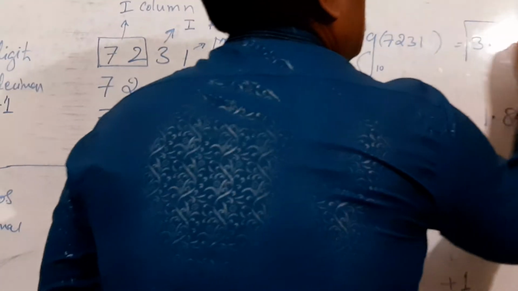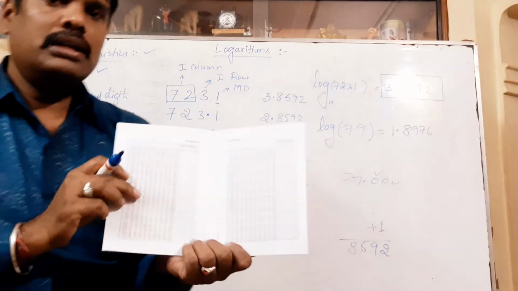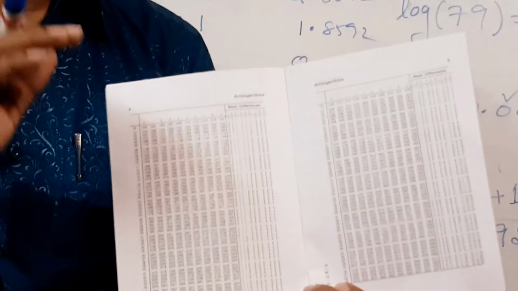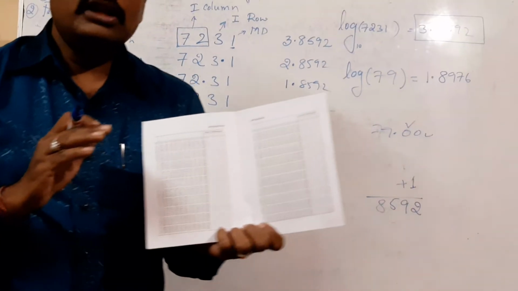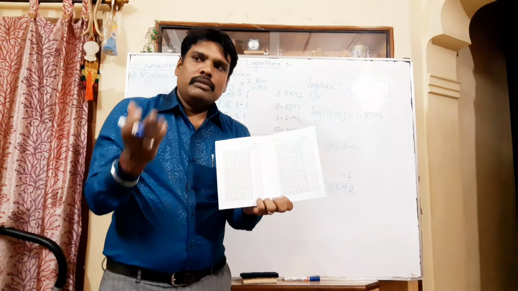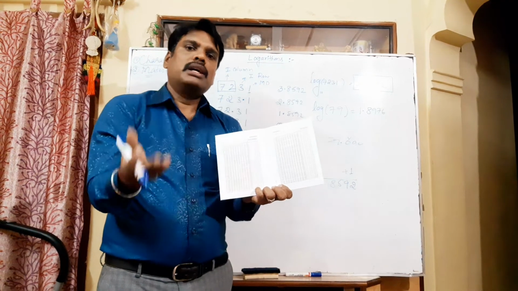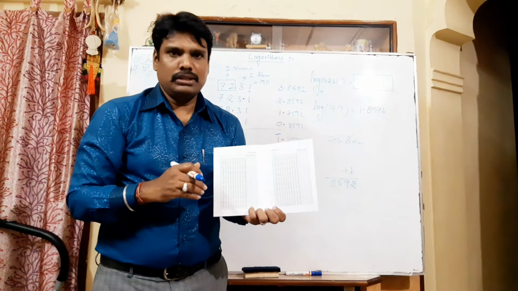Anti-logarithms are applied only to numbers whose logarithmic values are already taken. For those logarithmic values only, one can use anti-logarithms to come out from the logarithmic function. We will get the original number.